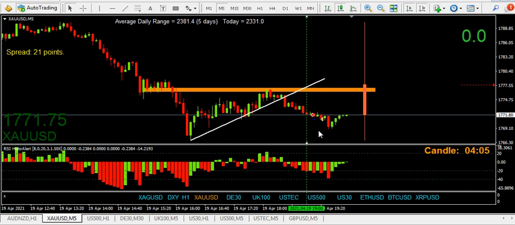Gold is a beast. But what you've got to remember, when you've got this situation with the RSI, it means it's pushed down, it's pulled back, it's pushed down, it's pulled back. It's done. The algorithms have faked in all the buyers, taken the stops out.